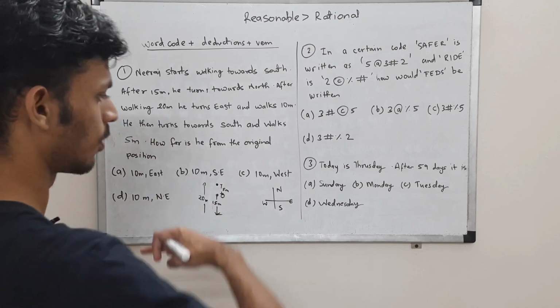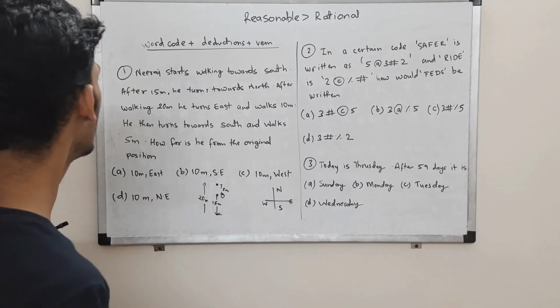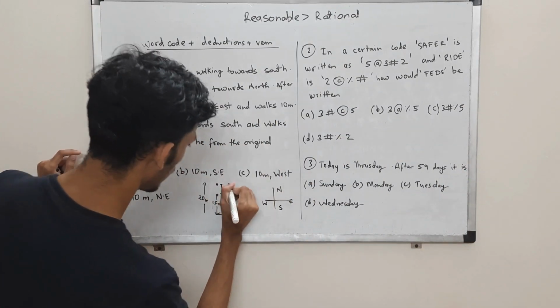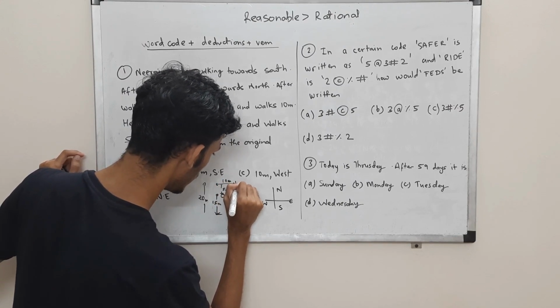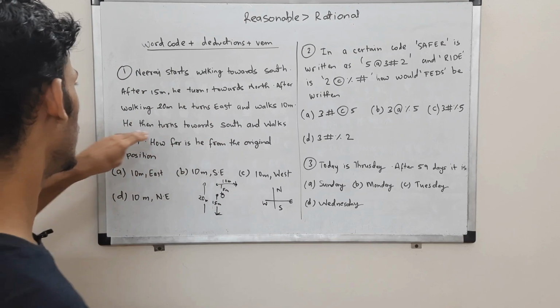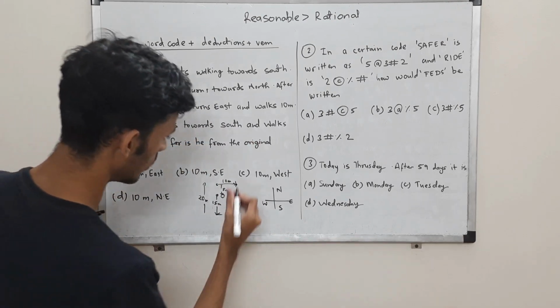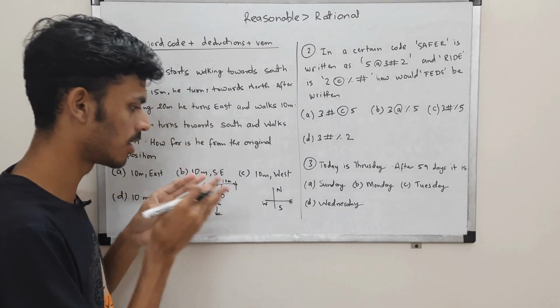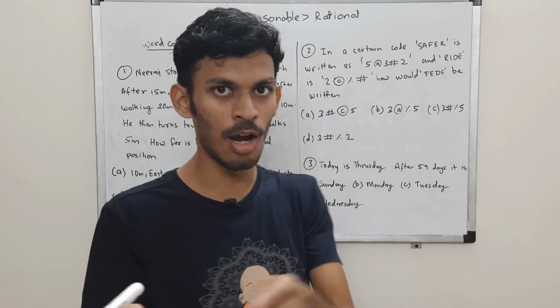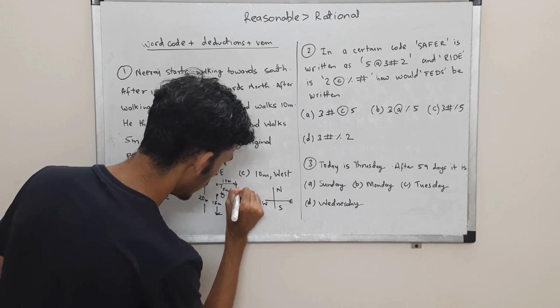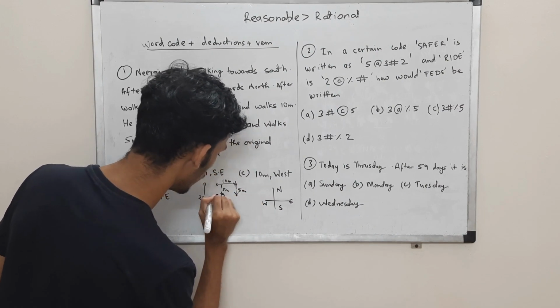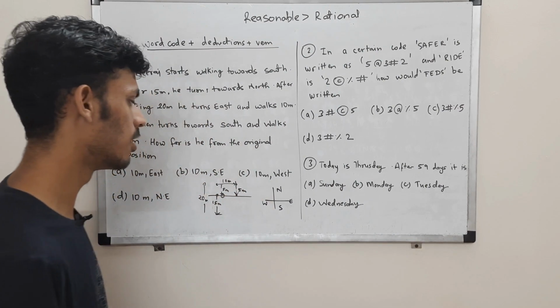He turns east, he'll go this way and walks 10 meters. Okay, suppose he reaches somewhere over here. Okay, and then he turns towards south and walks 5 meters. He walked east now, and now he'll turn towards south and walk 5 meters. Okay, so he'll walk again 5 meters and reach over here. If you see, again is on the x-axis now.